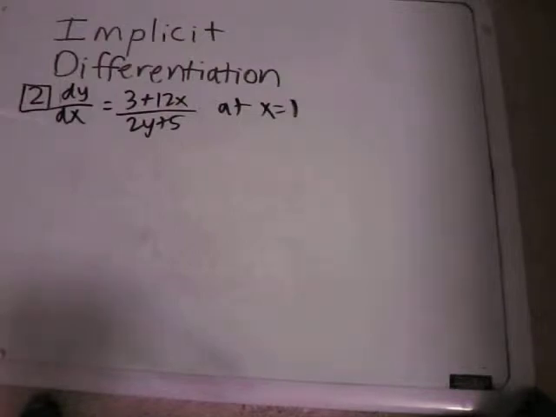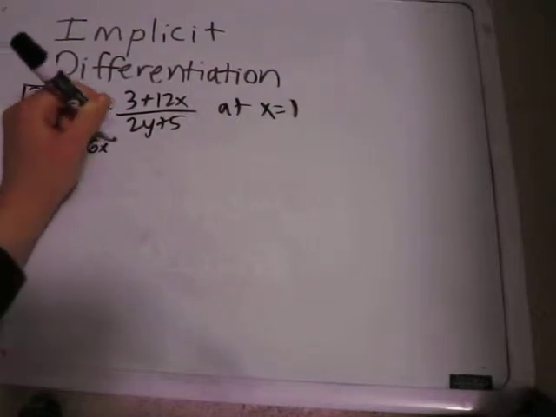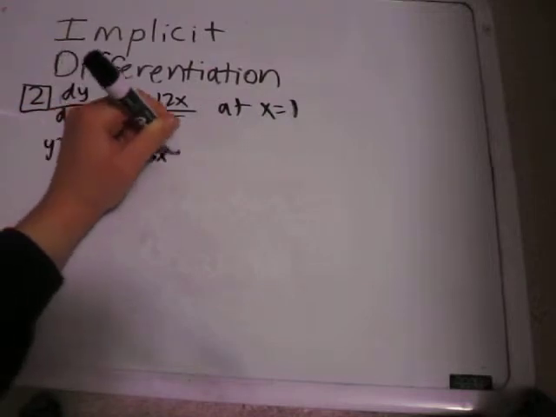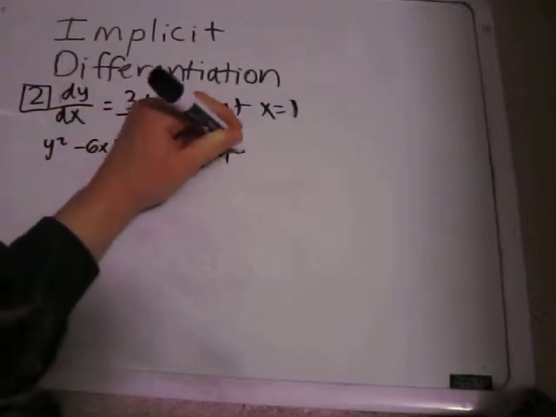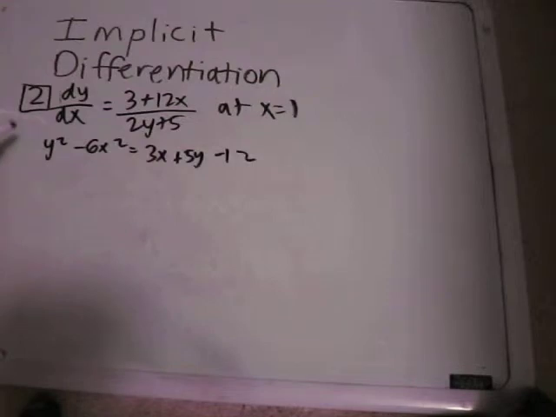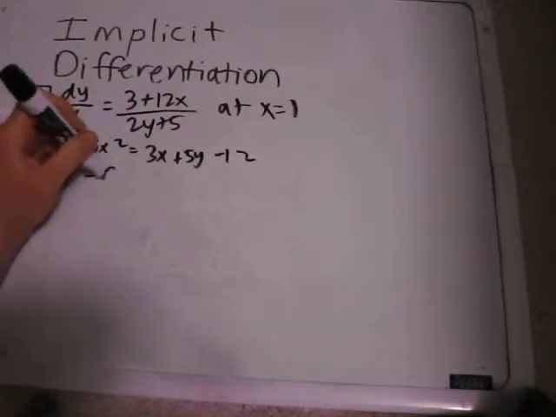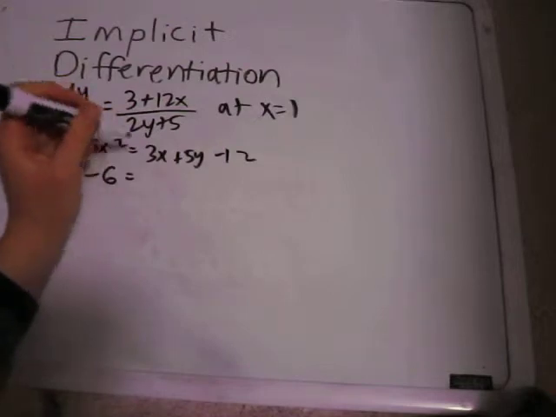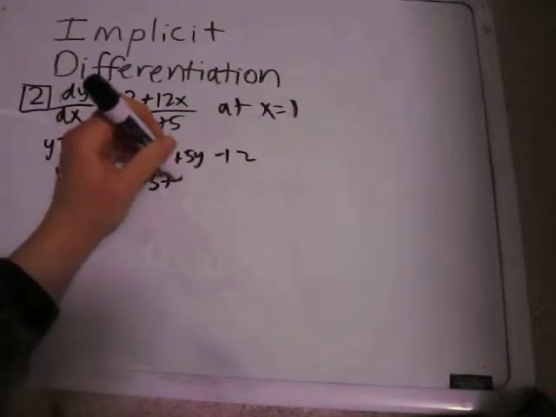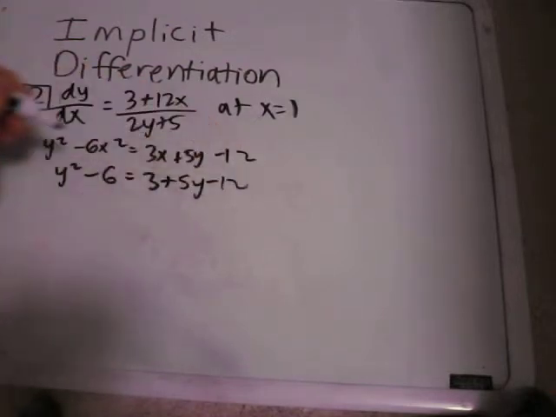Our original equation is the same as the last problem, but with x equals 1, so we have y squared minus 6 equals 3 plus 5y minus 12.